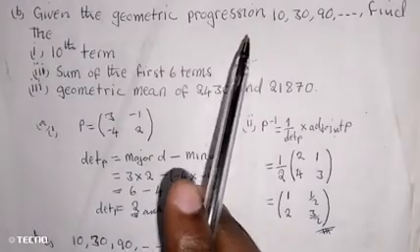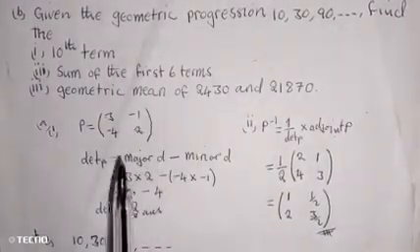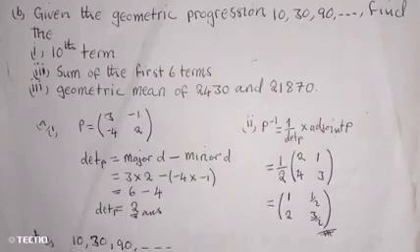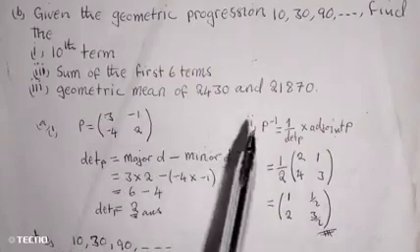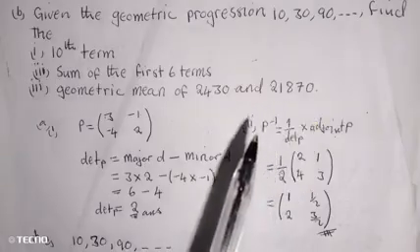For a geometric progression, we know that the next term is obtained by multiplying the previous term by the common ratio, or constant amount.